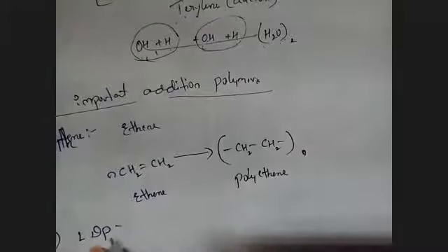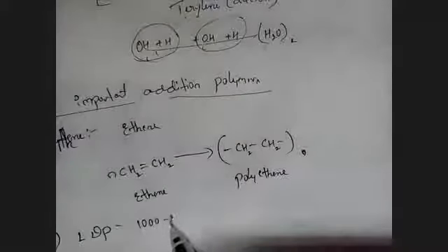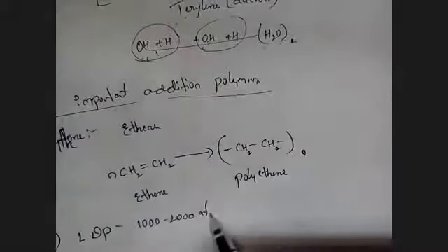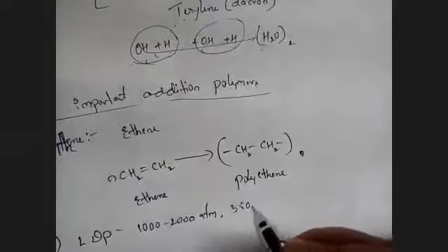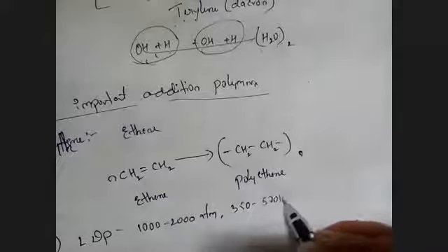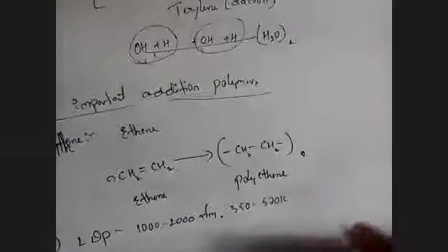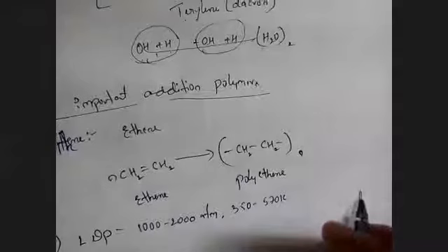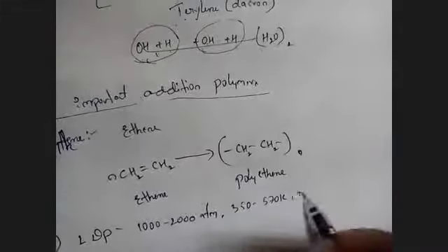So what are the main differences? Low density polyethene is made at a pressure of 1000 to 2000 atmosphere. ATM means atmosphere. And it has 350 to 570 Kelvin temperature resistivity. Okay. And this is more flexible.